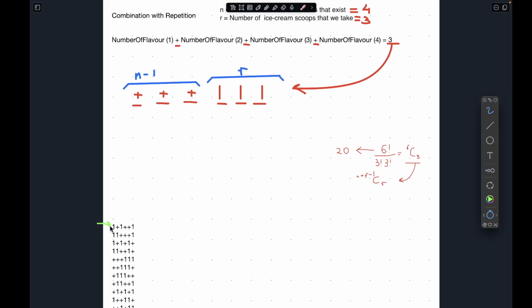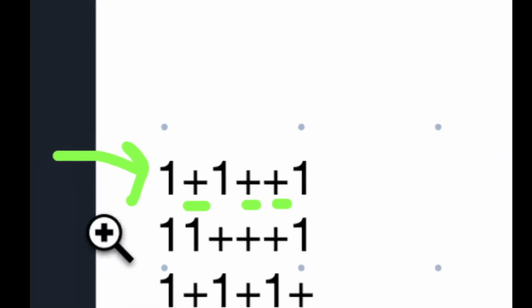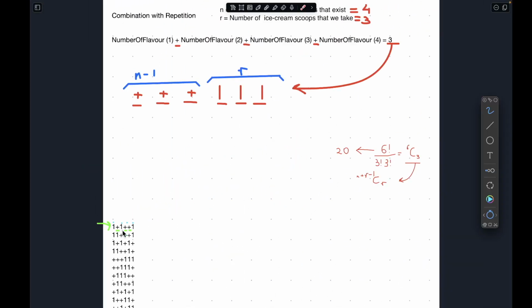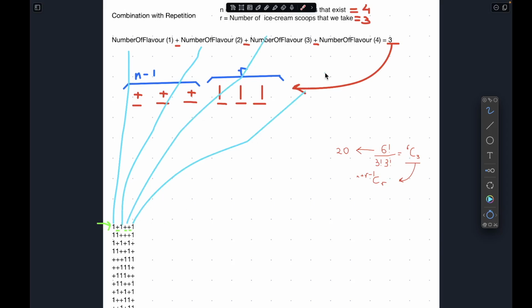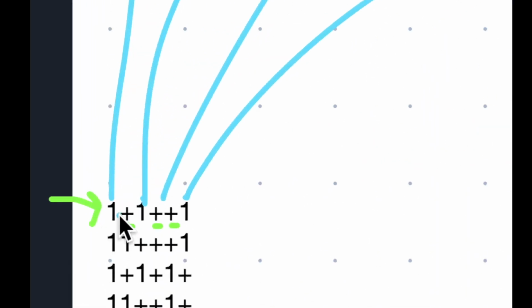Okay, so let's take a particular case. Let's take the first case over here, right? There are 3 plus signs, and these plus signs distribute the representation into four places, 1, 2, 3 and 4, right? Let's correspond these 4 places to the number of scoops they contribute for each flavor. Over here there is a total of only a single one.